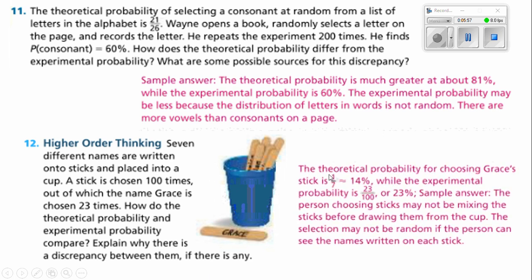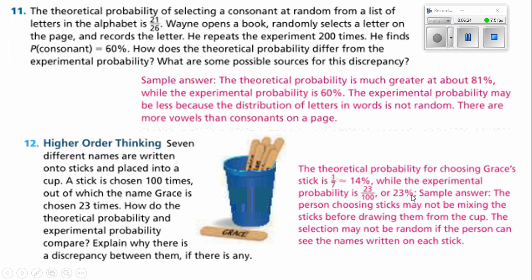Well, the theoretical probability for choosing Grace's stick is 1 out of 7. Remember, they said 7 names were written on the sticks, right? So that's 14%, while the experimental probability was 23 out of 100. Remember, Grace's name came up 23 times out of 100 times being drawn.